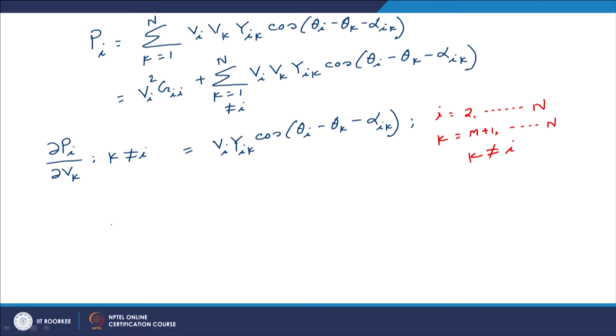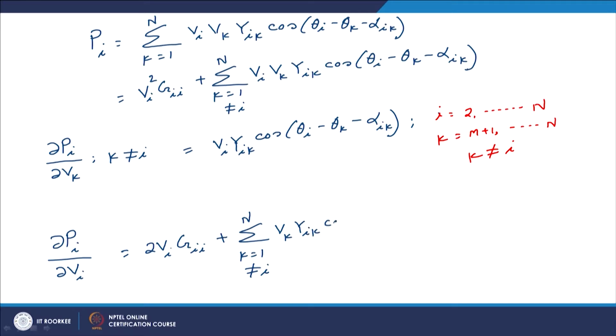Then the second term, that is the self term del Pi by del Vi, would be from here 2 Vi Gii plus the sum over k equal to 1 to n, k not equal to i, of Vk Yik cos(theta i minus theta k minus alpha ik).